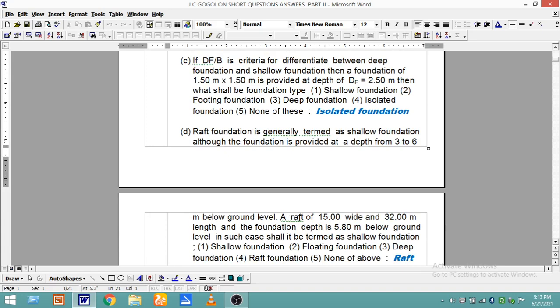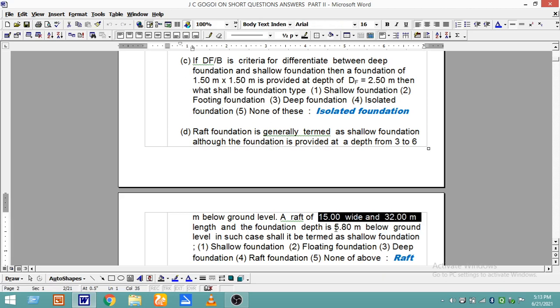A raft size 15 meter wide and 32 meter length, at a depth of 5.8 meter below ground level. Shall it be called shallow foundation? Given answers are: shallow foundation, floating foundation, deep foundation, raft foundation, none of this. This shall be termed as raft foundation only.